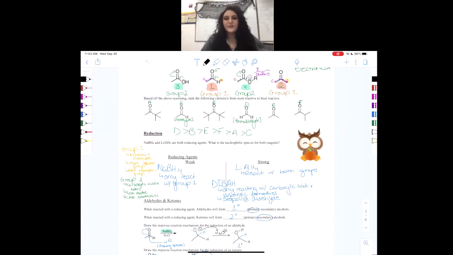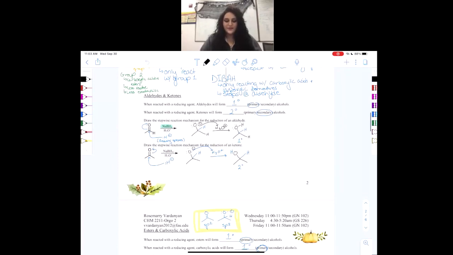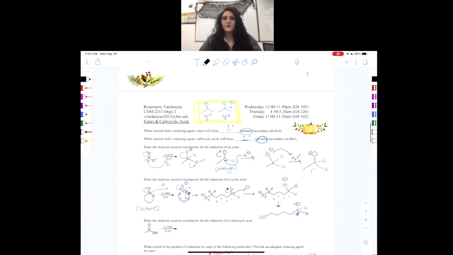Group 1 was the more reactive group, and group 2 was the less reactive group. And then we were able to say that in a reduction reaction, an aldehyde will form a primary alcohol, a ketone will form a secondary alcohol, and then both esters and carboxylic acids will always form primary alcohols.